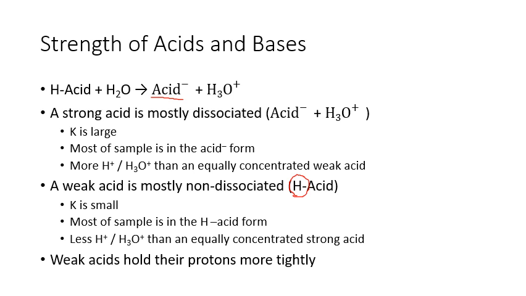It sticks around and stays attached, so it doesn't go off into solution and cause the solution to become acidic. So weak acids hold their protons very tightly, and that prevents the proton from leaving the acid and keeps it attached so that the concentration of H plus doesn't increase.